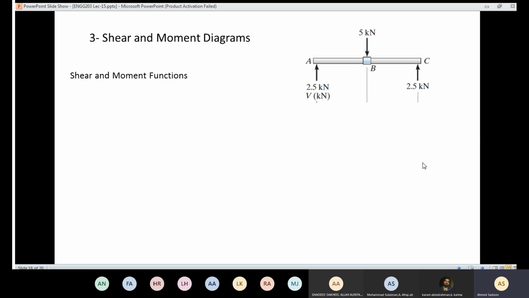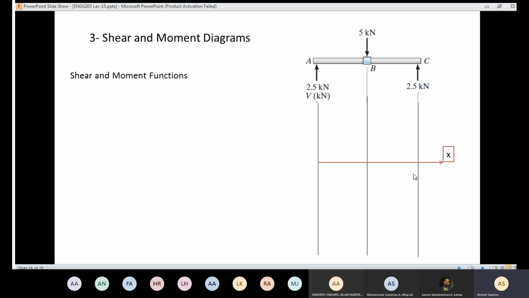So now I'm in a position to draw the shear and the moment diagram. First, I need to draw the free body diagram with all the forces. We determine the reactions. Then I need to draw a line of action for the forces, like that. Then I'm going to draw the x-axis.